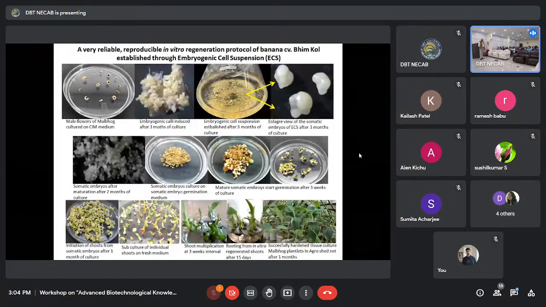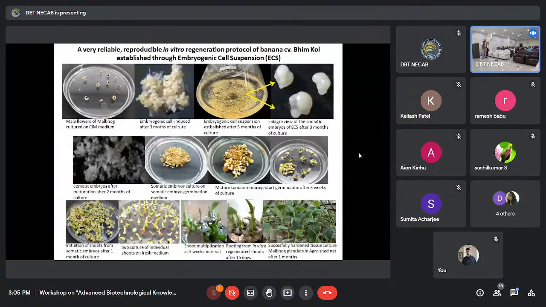And if you can see these small granules, they are beautiful, mature somatic embryos. From here up to here, it took more than 2 years. The duration from this stage to this stage was more than 2 years.